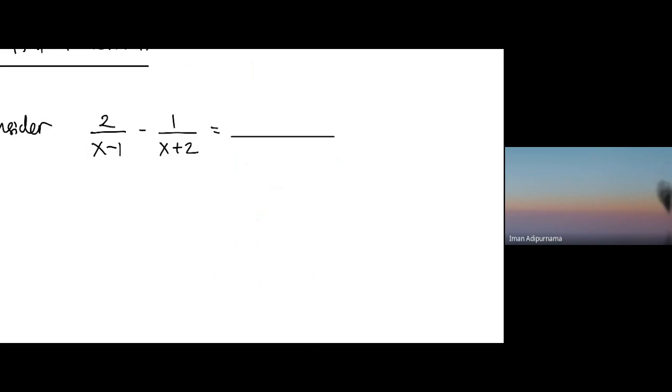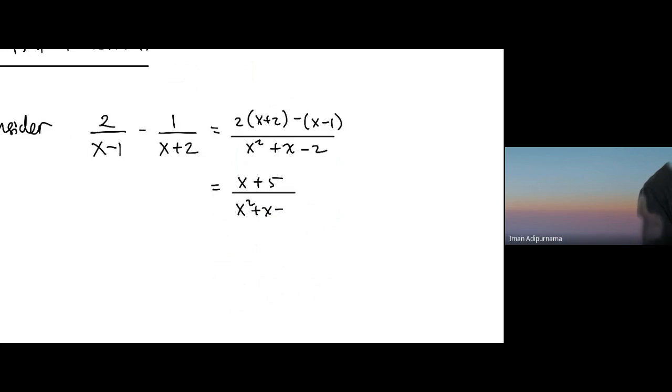So do some calculations. x squared plus 2x minus x is plus x, and then minus 2, and then the equation here will be x plus 2 minus x minus 1. Okay. And we can solve this. 2x minus x is x. 4 plus 1 is 5, so it is x plus 5, over x squared plus x minus 2.